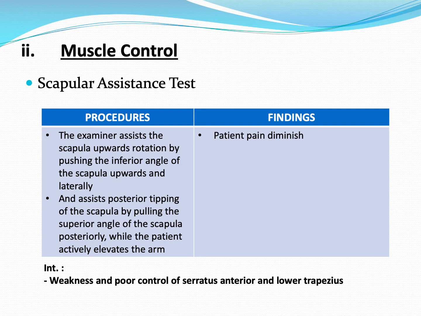I did the scapular assistance test. What I found when doing the scapular assistance test is that the patient's pain diminished during shoulder elevation movement. So what I can conclude from this test is that this patient might have weakness and poor control of the serratus anterior and lower trapezius muscles.